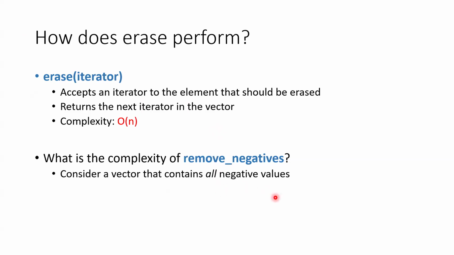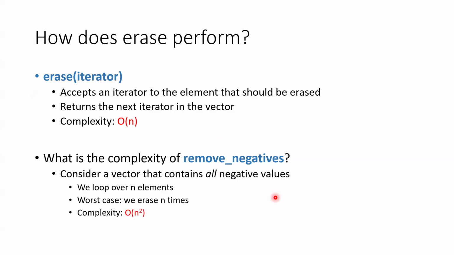So what is the complexity? O(n squared). In the worst case, we erase n times while looping over n elements. Even if it's not the worst case, it's still going to be on the same scale of O(n squared).